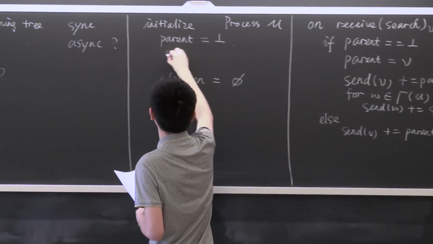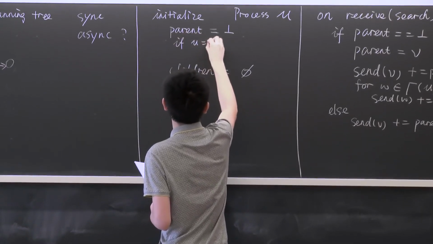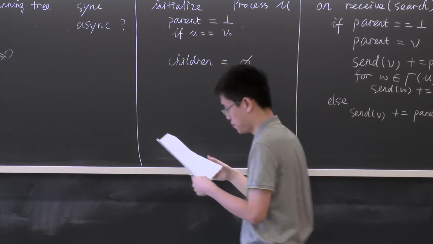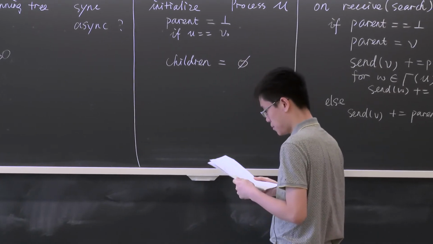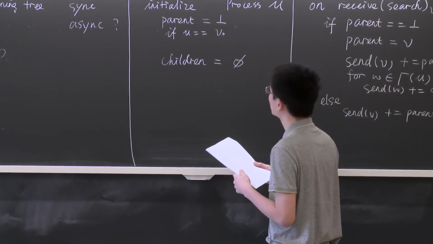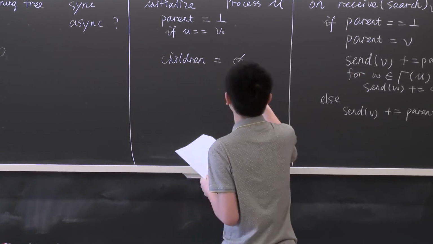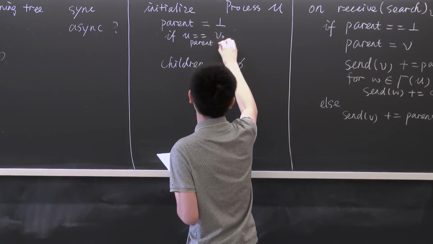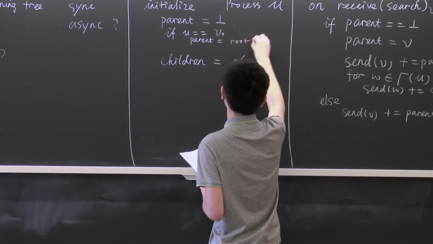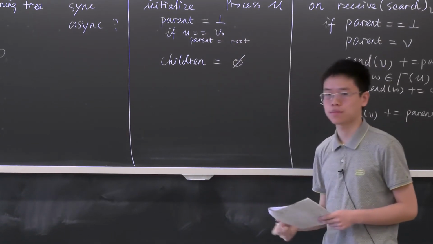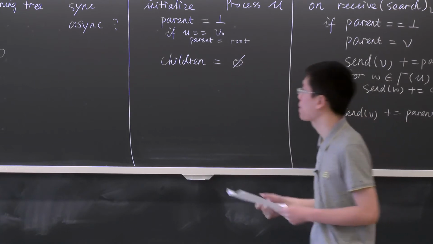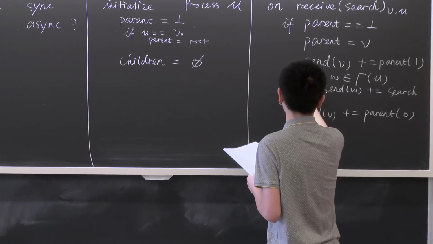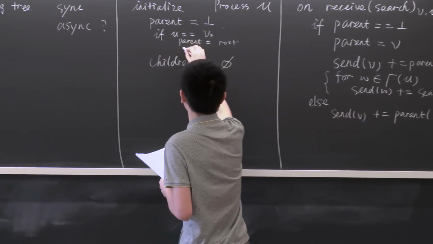So if U equals root, we say the root is V0, two things should happen. First, we should set its parent to some special value. Let me just say root. And then I should copy this blob of code to here.